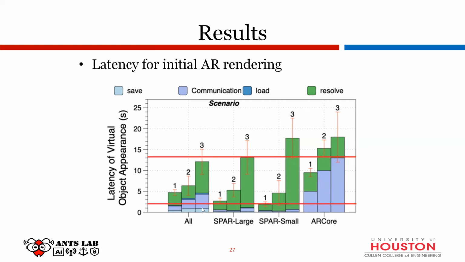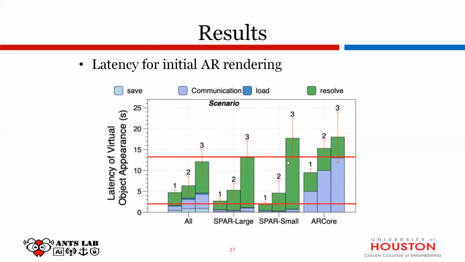The first one we can see is scenario 1, which is the small area. The small has the least latency compared to the others. And in scenario 2, that holds the same.